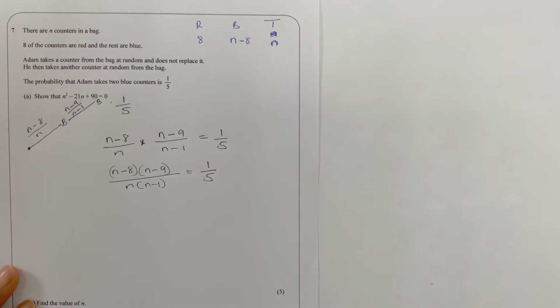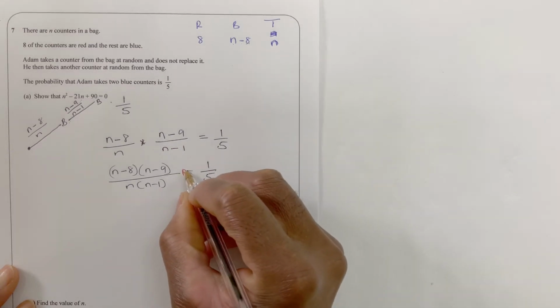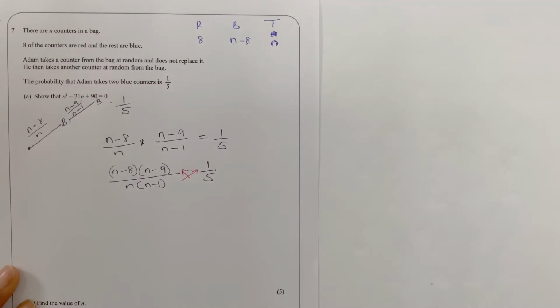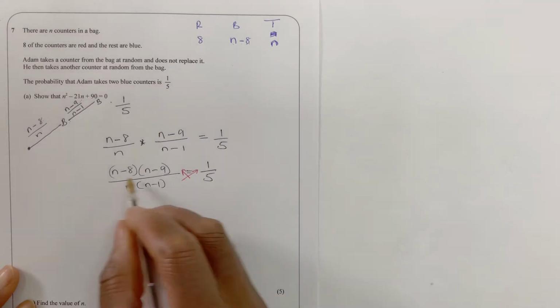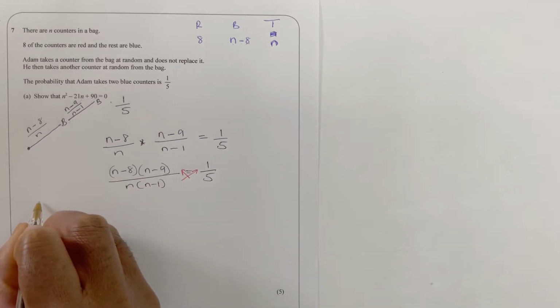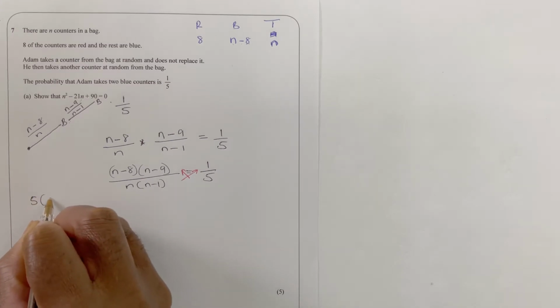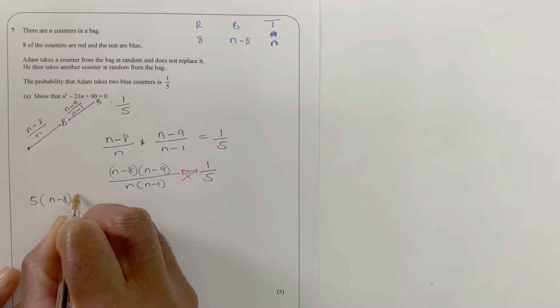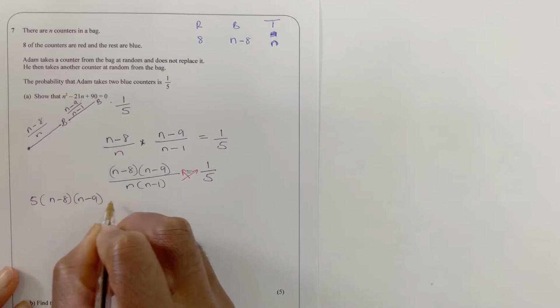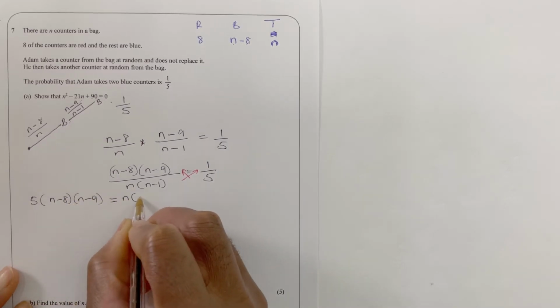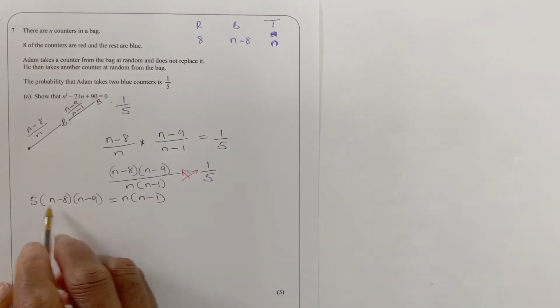So you might want to cross multiply again. If you cross multiply, you're going to get 5 times those. So you're going to get 5 in brackets n minus 8, n minus 9, equal to n in brackets n minus 1.